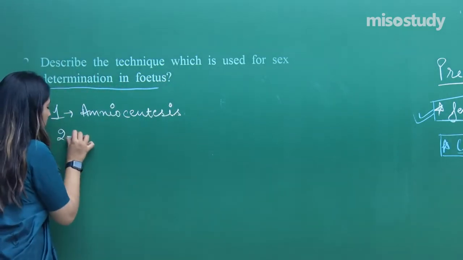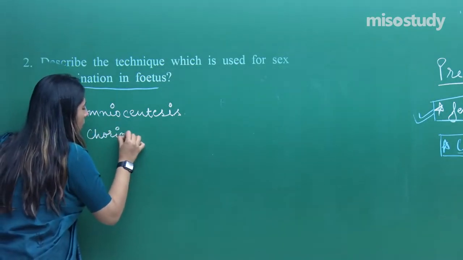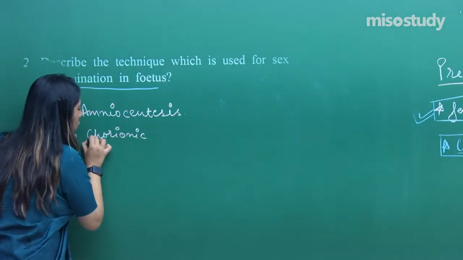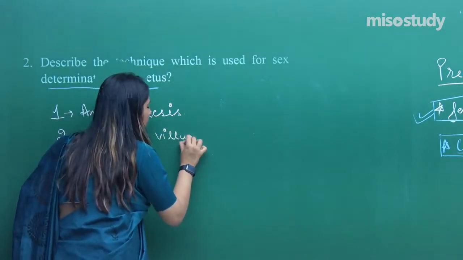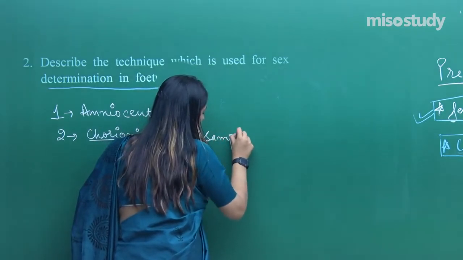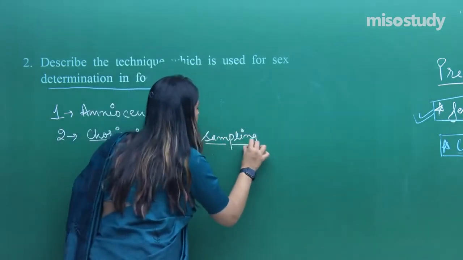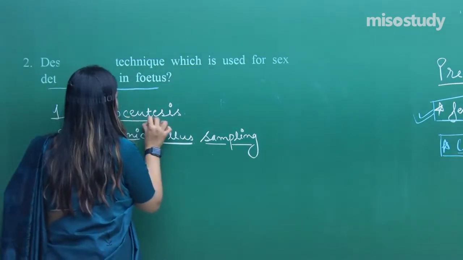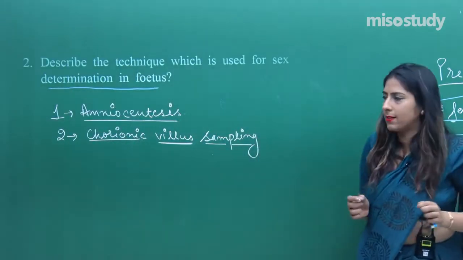And the second procedure we have is chorionic villi, or you can write villus sampling. Students, no need to cram all those things, right?